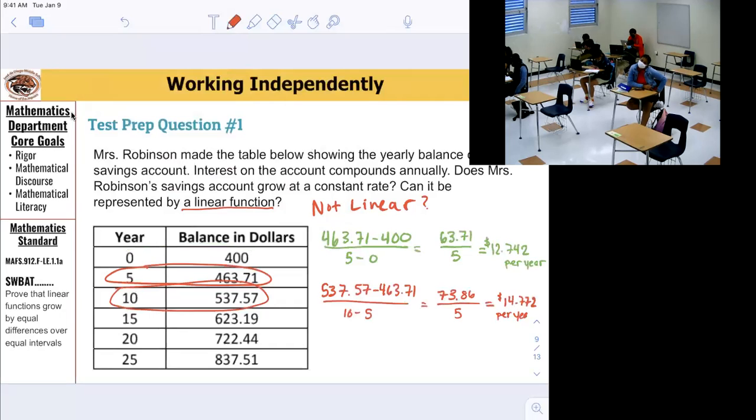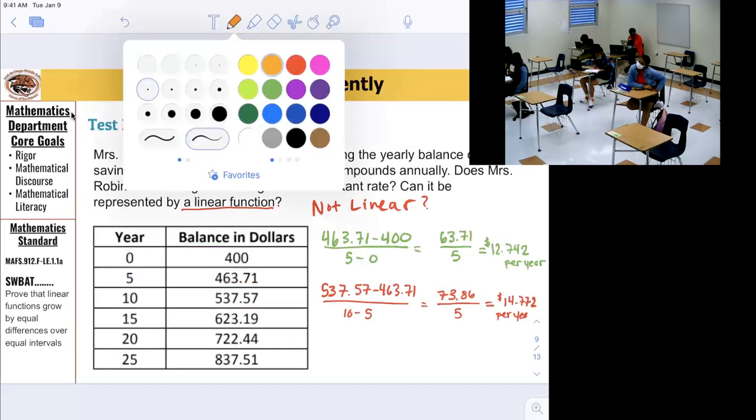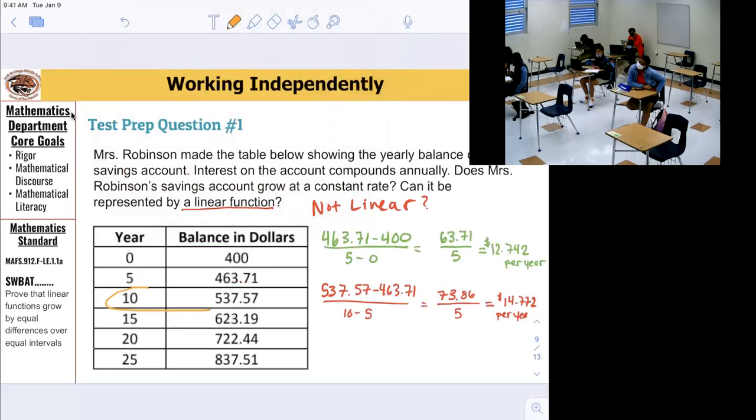I want to do one last check just to be sure, because I have a real world scenario, right? And in the real world, things are not always going to be perfectly linear. Sometimes if it's close enough, it's good. So I just want to see one last time what I get for the third set of points. So 623.19 minus 537.57.